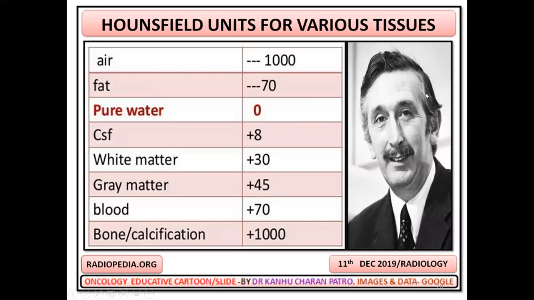So these are the Hounsfield units, named after the inventor of the CT scan: air minus 1,000, fat minus 70, pure water 0, CSF plus 8, white matter plus 30, gray matter plus 45, blood 70, bone and calcification 1,000.